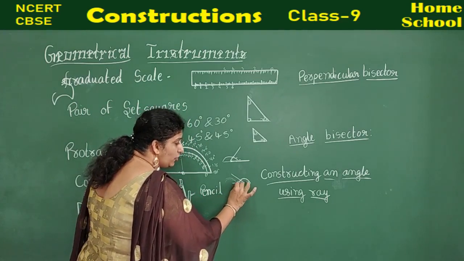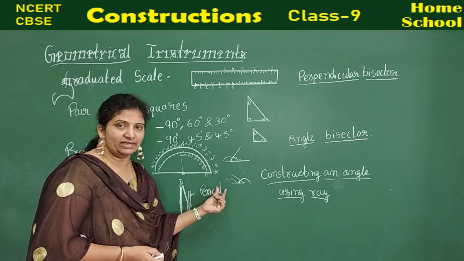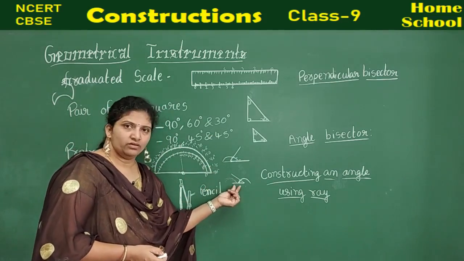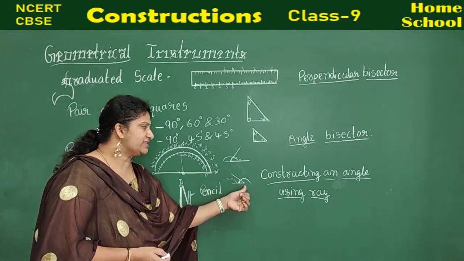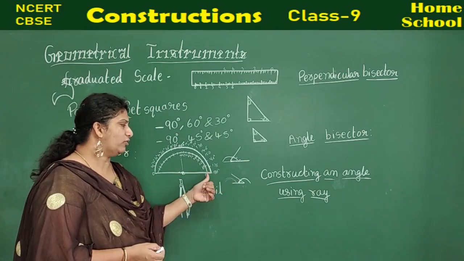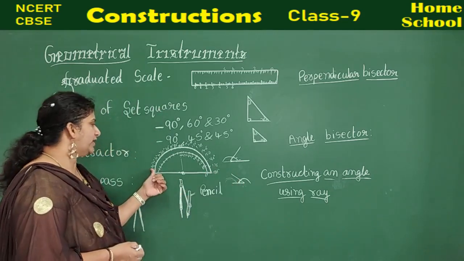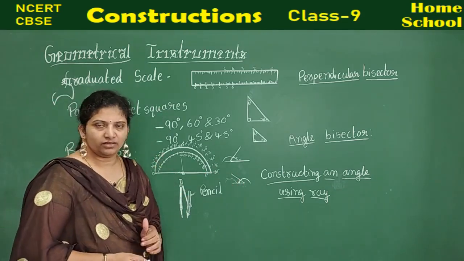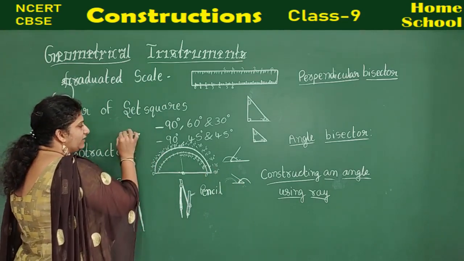from 0. Always we need to measure the angle from 0. If you place it here, you can go with this scale, and if you place it here, you can go with the other scale. Right? So always you need to understand the line.